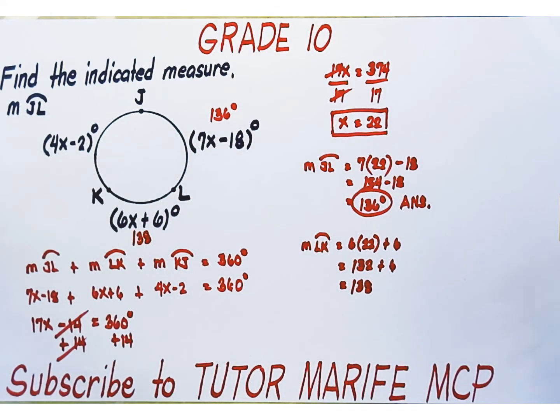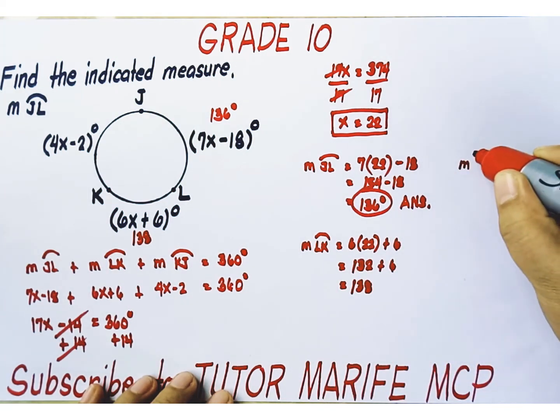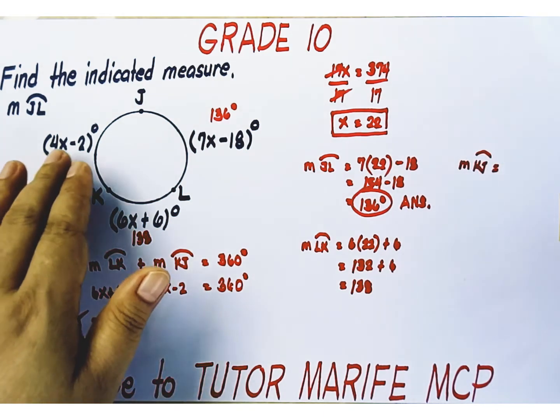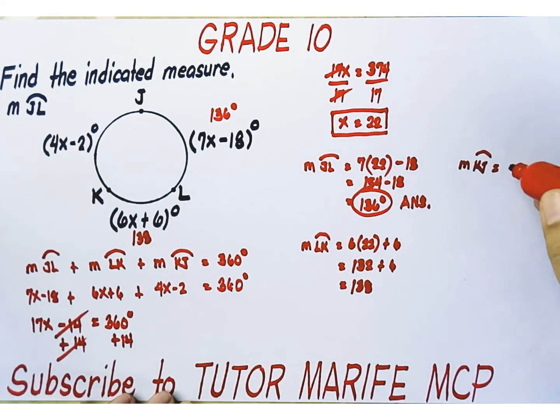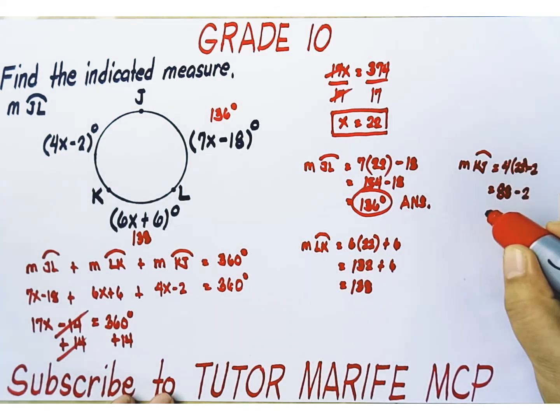Measure of arc KJ. Measure of arc KJ is represented as 4x minus 2, or 4 times 22 minus 2. 4 times 22 is 88. 88 minus 2 is equal to 86.